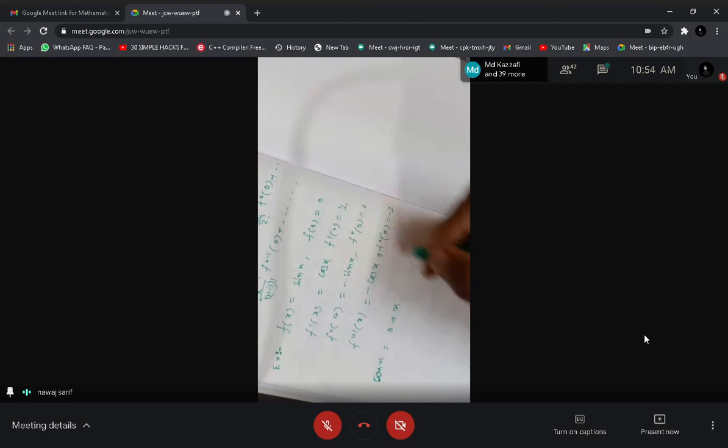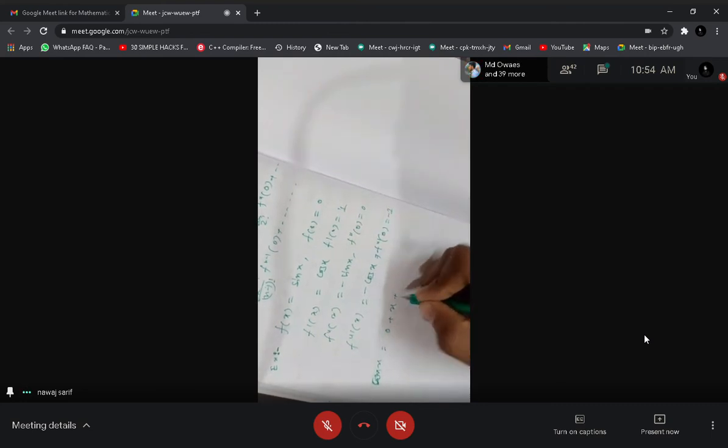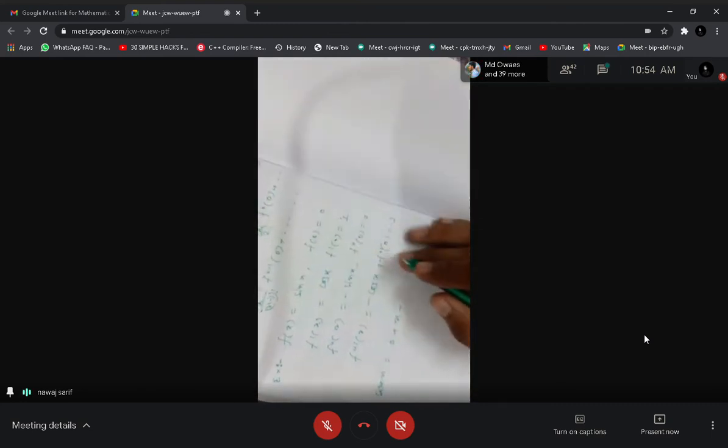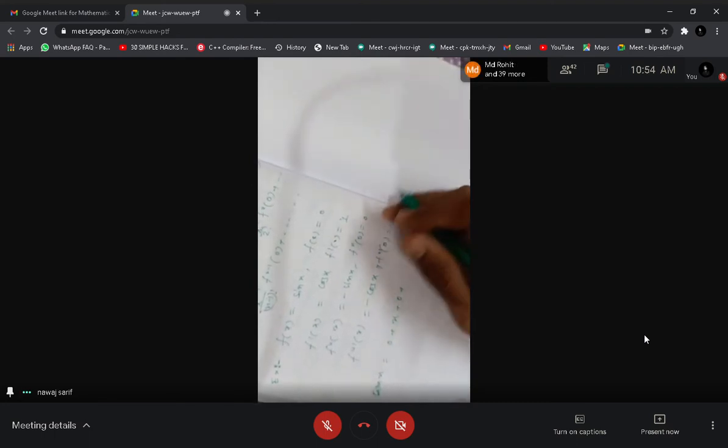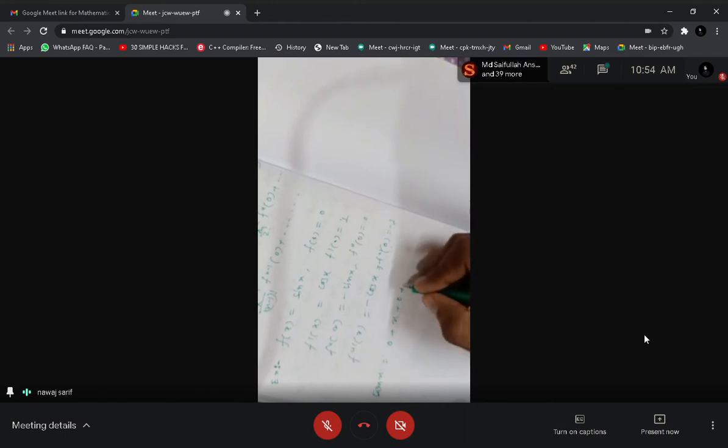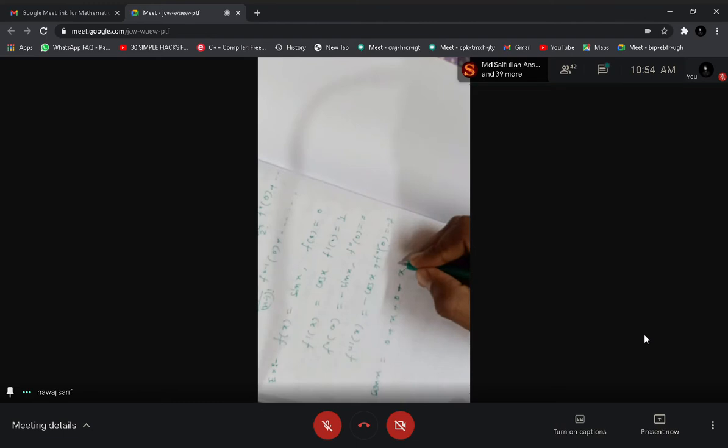Then f dash 0 is 1. Then once again f double dash 0 is 0, so this is 0. Then you have f triple dash 0 is minus 1, so this one is what? x cube by 3 factorial, with a minus sign.